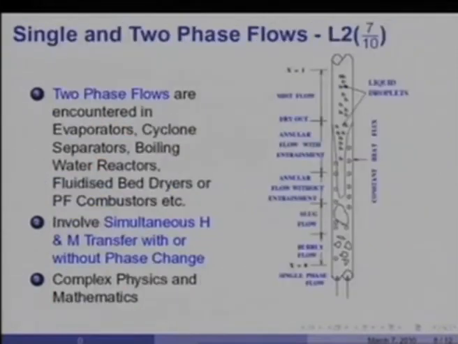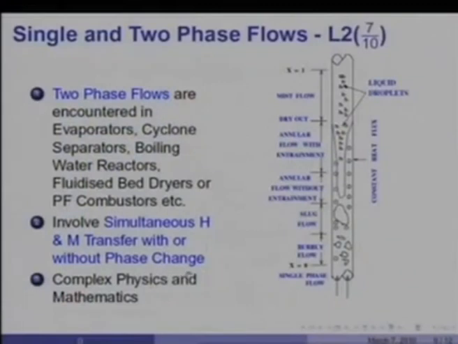And then of course, single and two-phase flows. This is of great interest in mechanical engineering, particularly in boilers. What happens in boilers is that you have, say, single-phase water entering at the bottom of a tube, and heat transferred by radiation and convection, as we saw in a PF furnace.